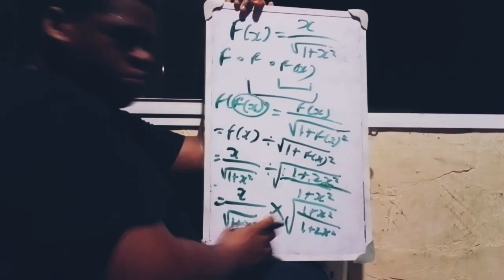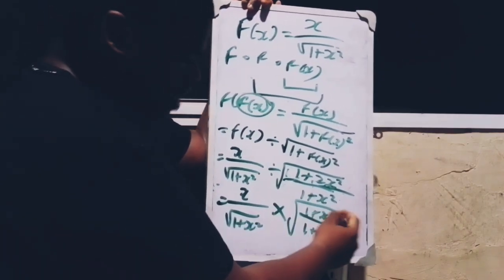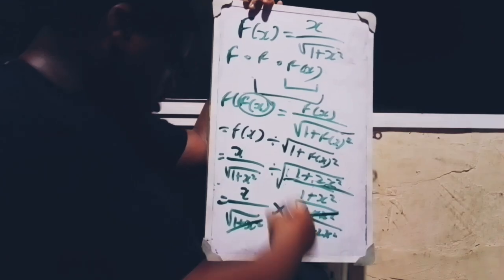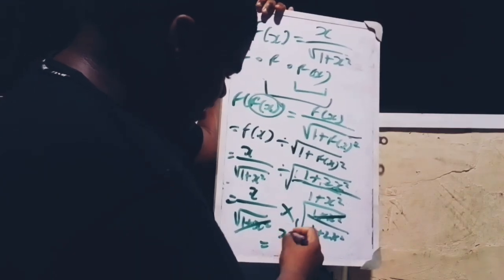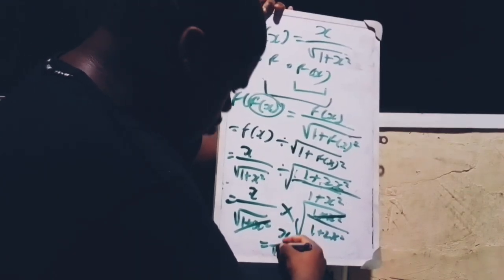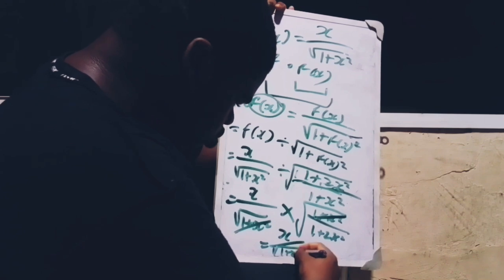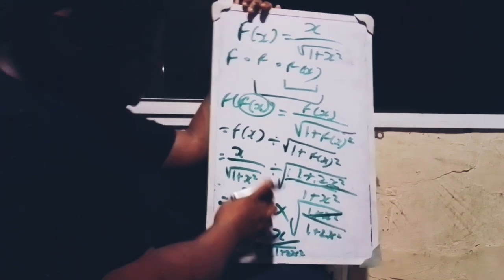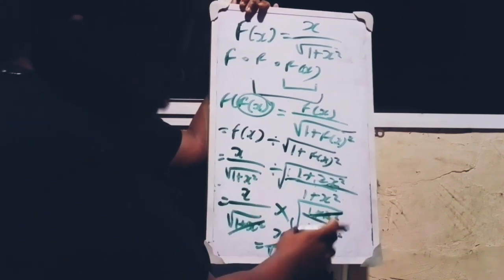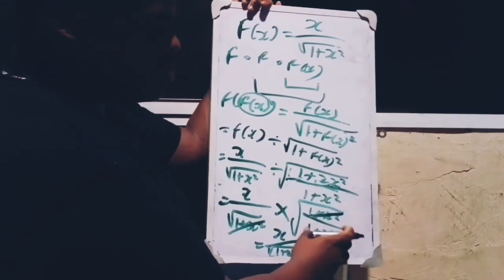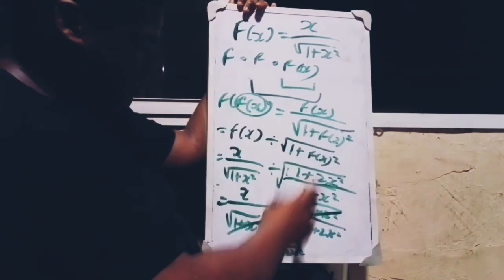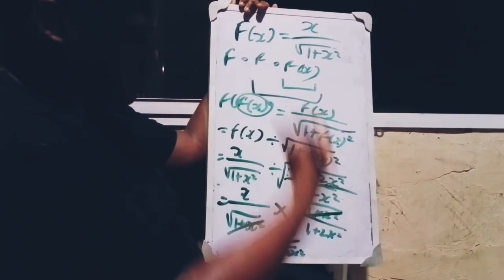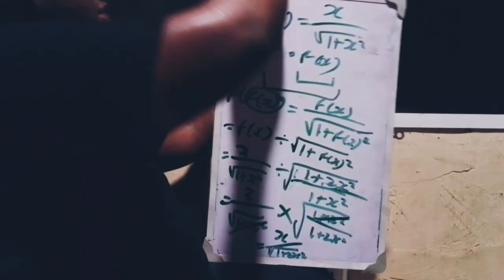This here is inside a square root. This here is inside a square root. So you can cancel them out. So your answer will equal x divided by the square root of 1 plus 2x squared. So f of f of x equals x divided by the square root of 1 plus 2x squared.